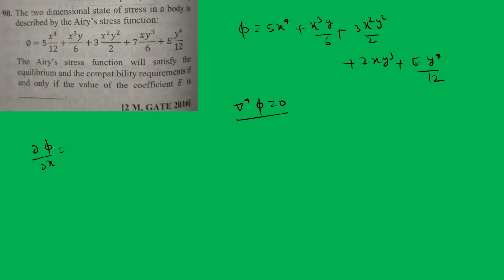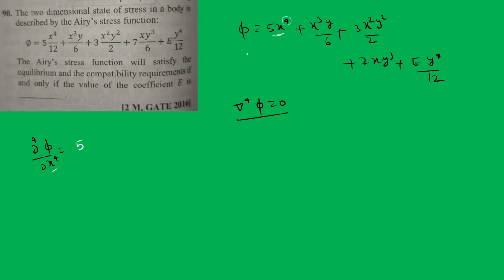If I try to find del to the power 4 phi by del x to the power 4 directly, then all those terms that have x, it would be something like 5. Why directly 5? Because only this term has fourth power, and all other terms have power 3. So eventually those terms will go to 0 if I differentiate with respect to x.